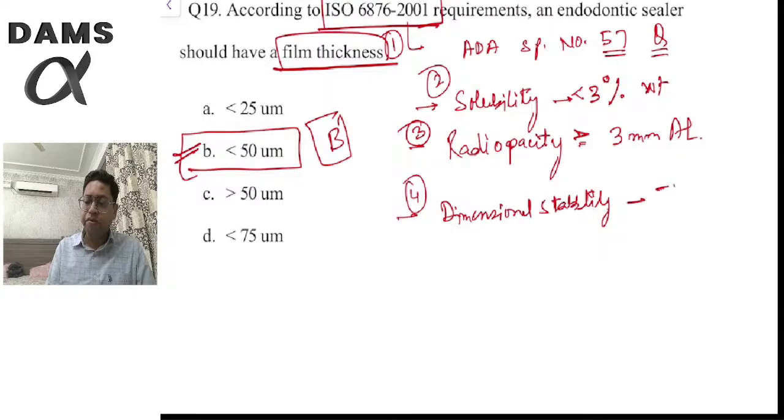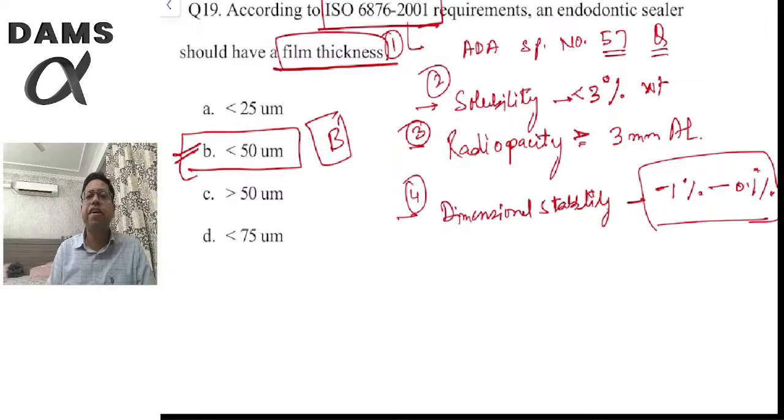minus 1% to 0.1%. It should not contract or expand beyond this range. It should not contract more than 1%. It should not expand more than 0.1%.